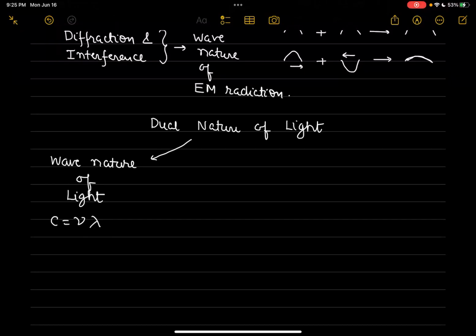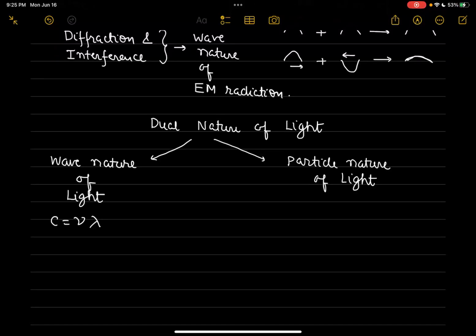And now we need to discuss the particle nature of light. So what do you mean by particle nature of light?